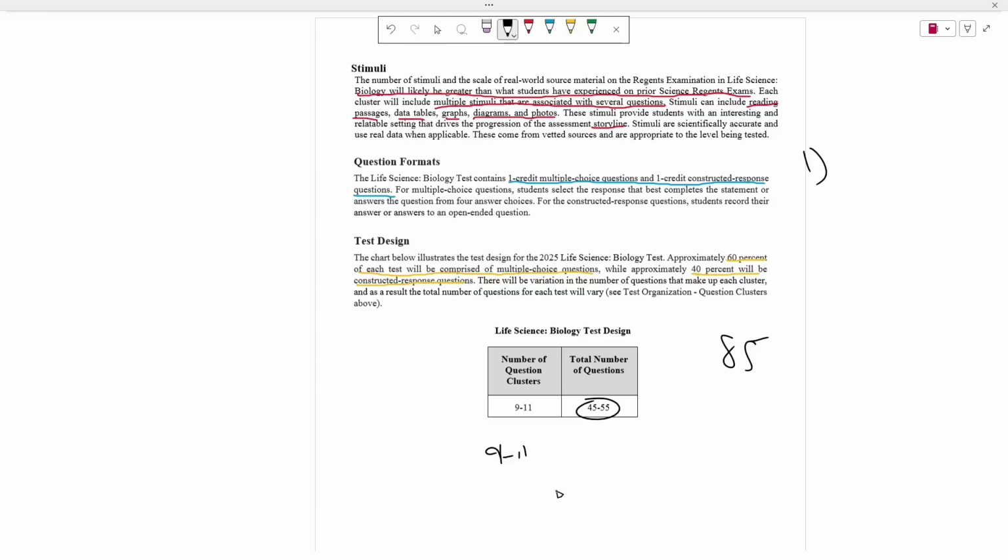Okay? So my best advice for studying for this exam is, number 1, look over whatever your school gave you. Look over whatever your teacher gave you, your notes, right? My second piece of advice is to look at old Living Environment Regents exams and to specifically look at parts B2, C, and D, because those have some sort of stimuli-based questions as well.